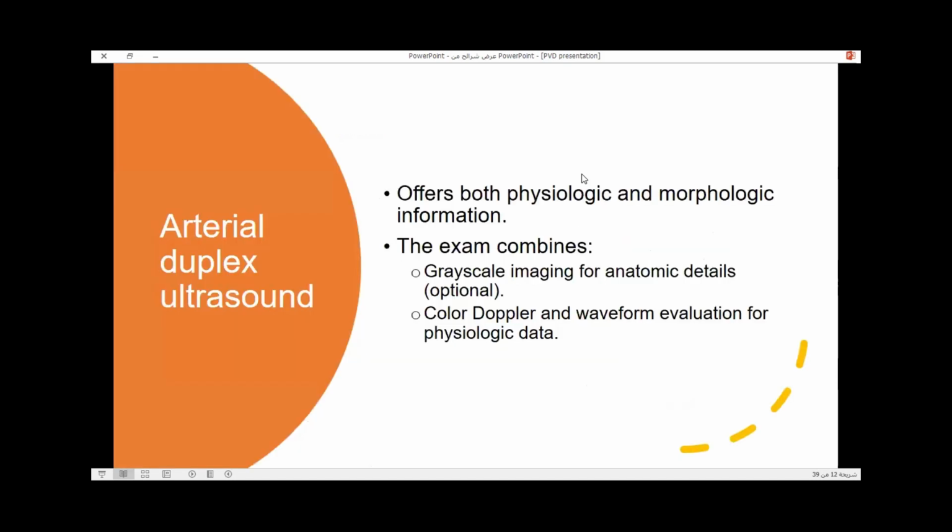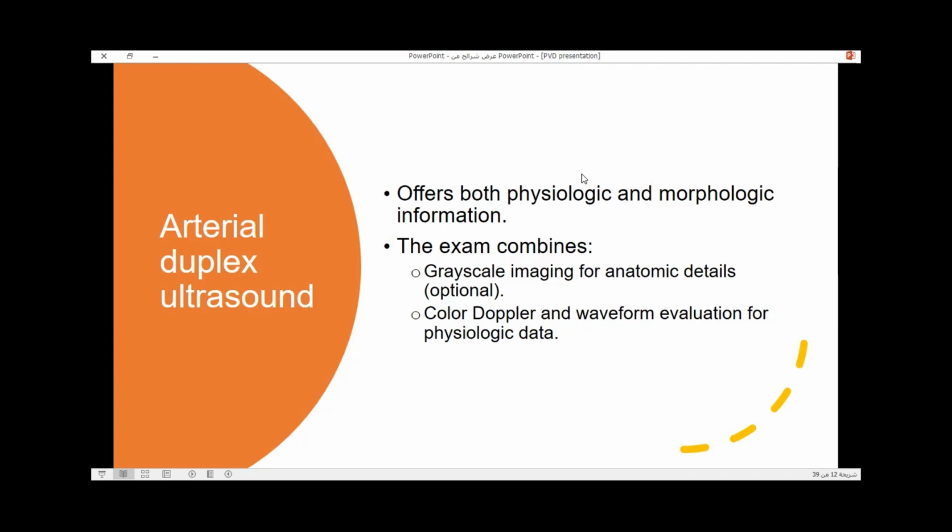So the arterial Doppler has two advantages, which give a lot of advantages. For grayscale images, we can see the detail of the anatomy.